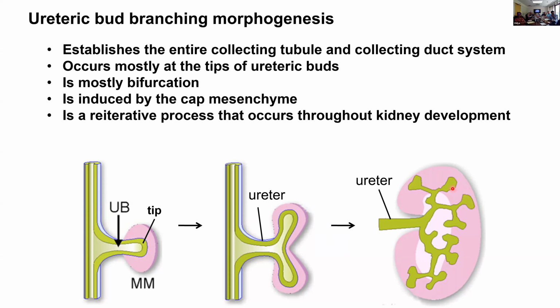That's the tip. This entire branching morphogenesis is induced by the cap mesenchyme. The cap mesenchyme surrounding it secretes signals that interact with the receptors expressed at the tip, and that induces branching morphogenesis.